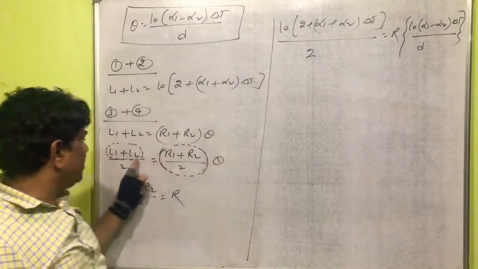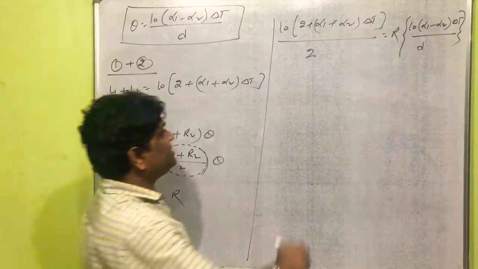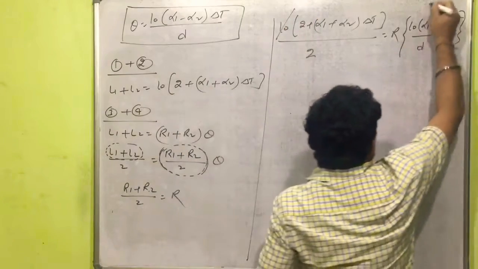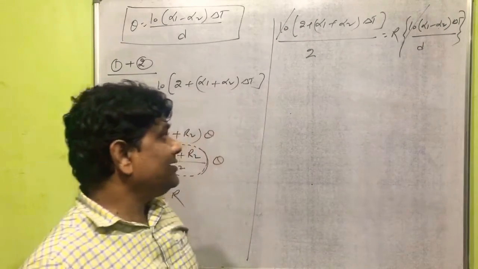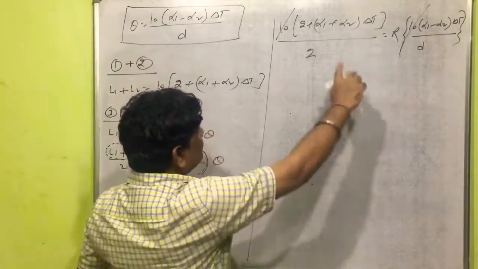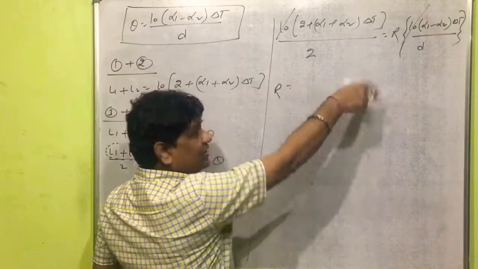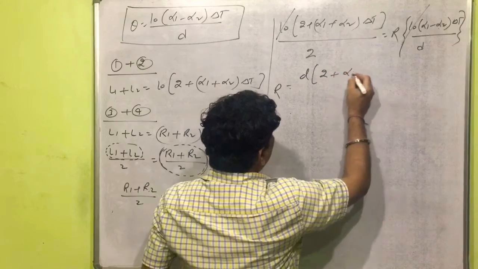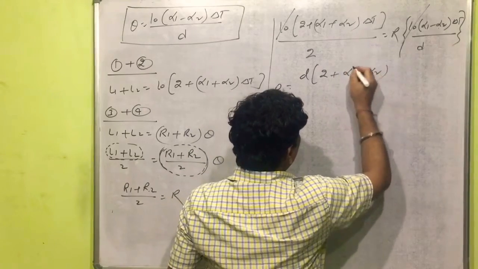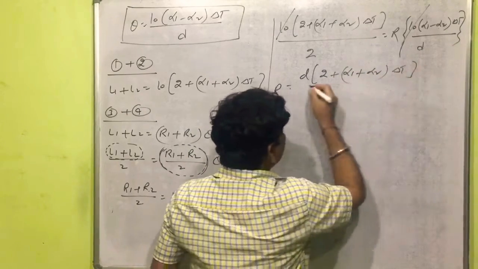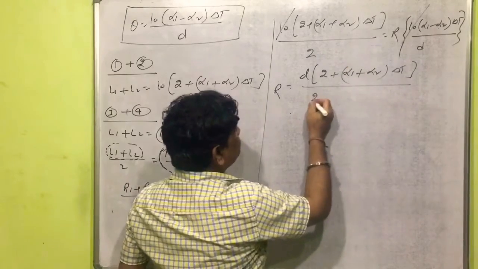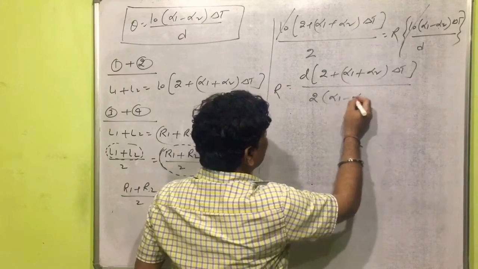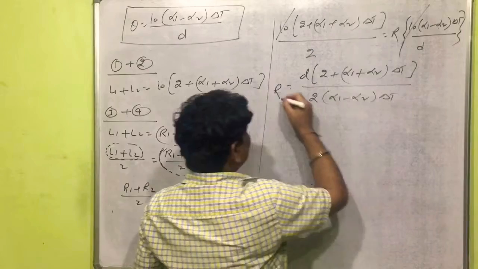So we are putting all values in this relation. L naught will be cancelled, and the value of the mean radius will come. It is d times 2 plus alpha 1 plus alpha 2 into delta T, divided by 2 times alpha 1 minus alpha 2 into delta T.